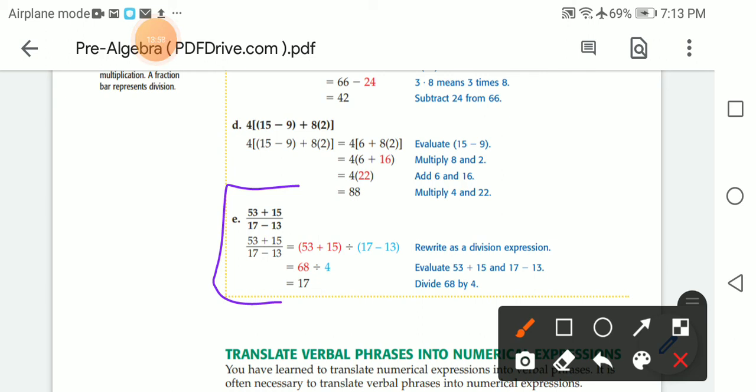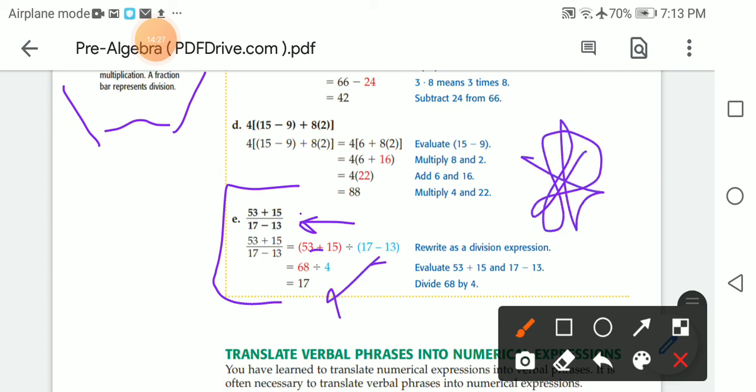It means 53 plus 15 all in brackets, divided by, as I told you, the fraction bar represents division. Do you remember that? So divided by 17 minus 13 all in brackets. Solve the brackets: this gives you 68, and the other gives 4. Then do the division, and it will give you 17.